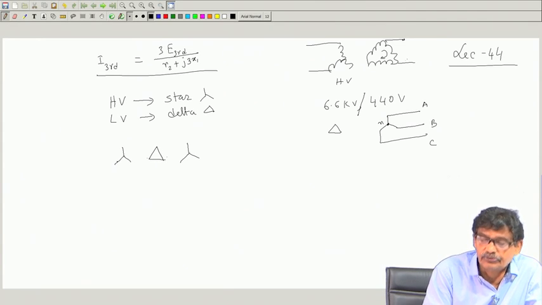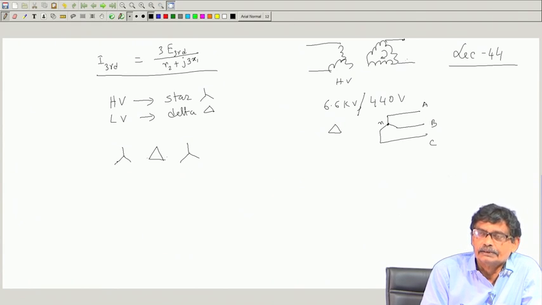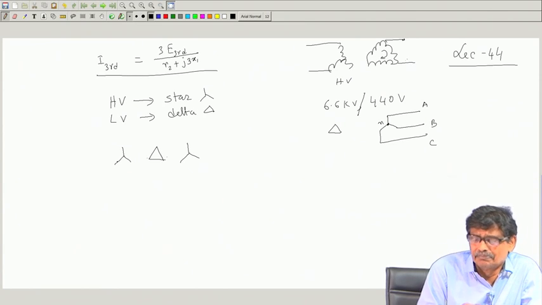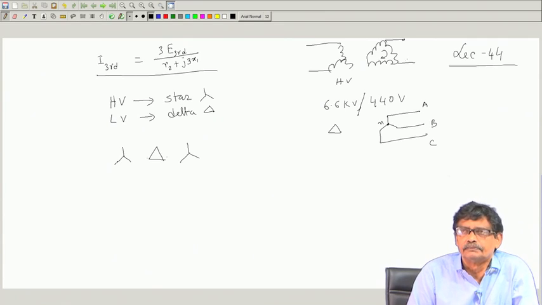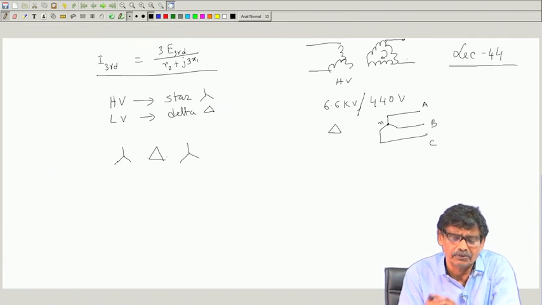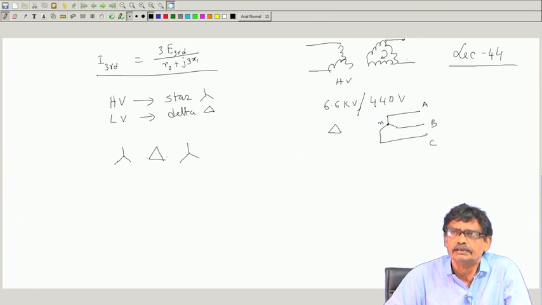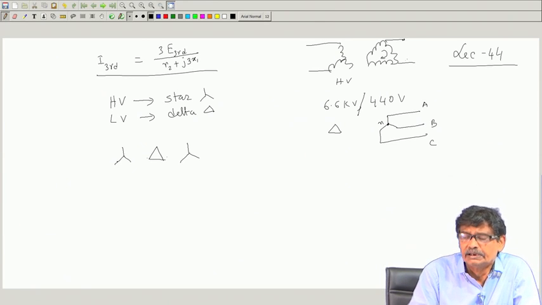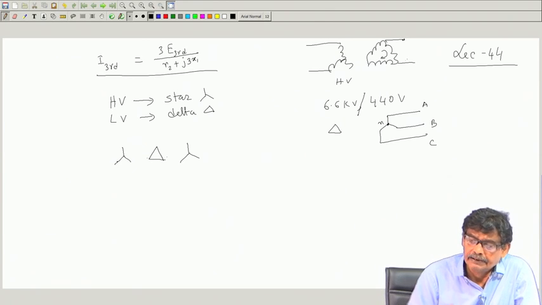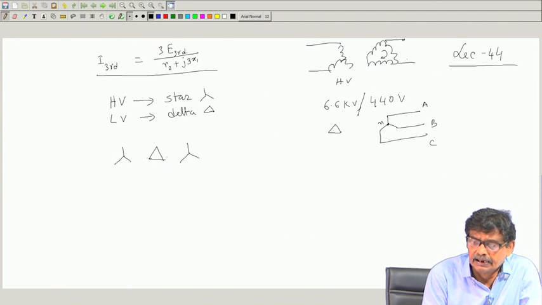That is, there will be two secondaries, because it is always preferable to have a delta. Suppose you require star-star, nothing doing, high voltage this side, high voltage this side, I will take advantage of lower insulation level. So, it is like this, and you connect it with another additional winding.